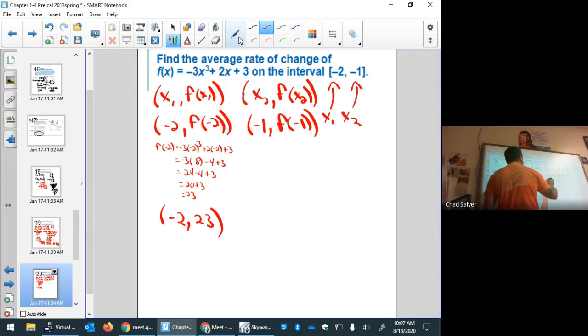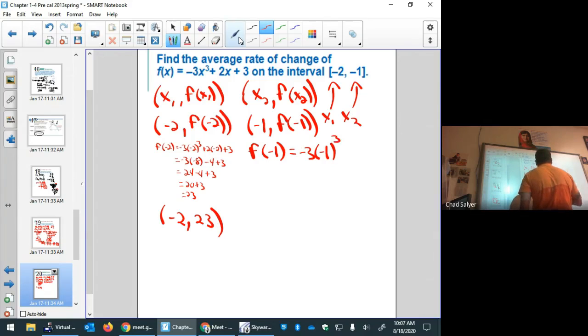And then over here, f of negative 1 is going to equal negative 3 times negative 1 cubed plus 2 times negative 1 plus 3. So that's -3 times -1 minus 2 plus 3.